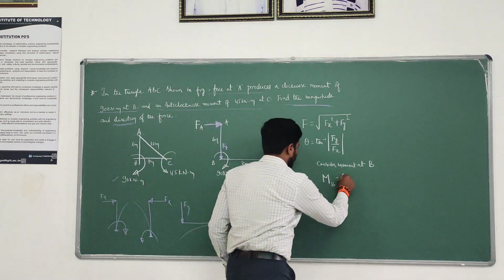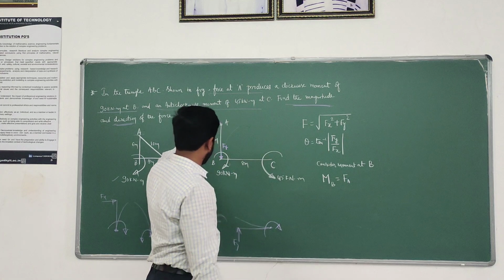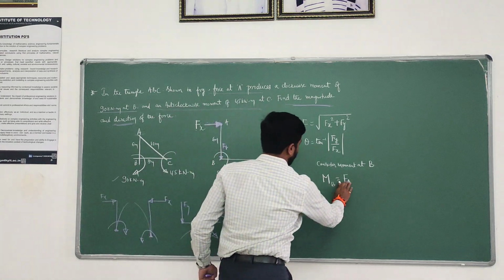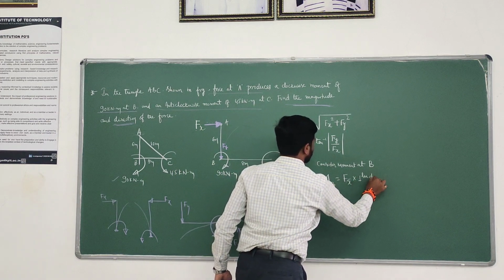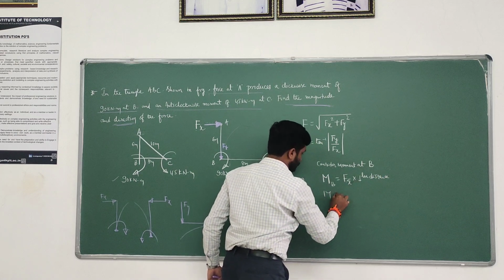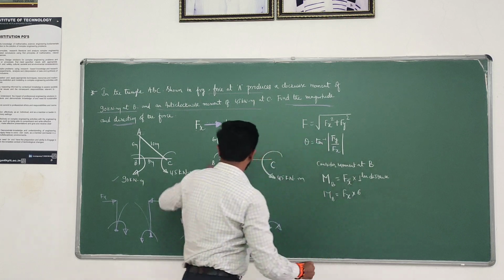So Fa, or in other words, Fx, into perpendicular distance. So MB equals Fx into 6. This is the perpendicular distance.